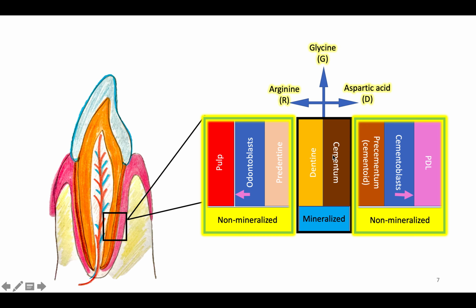These mineralized tissues have a protein or a sequence of peptides, arginine, glycine, aspartic acid, the RGD sequence.